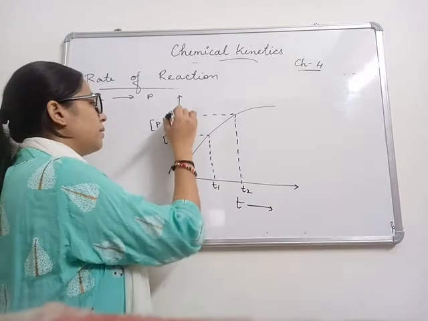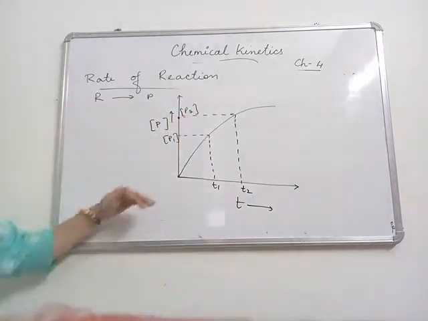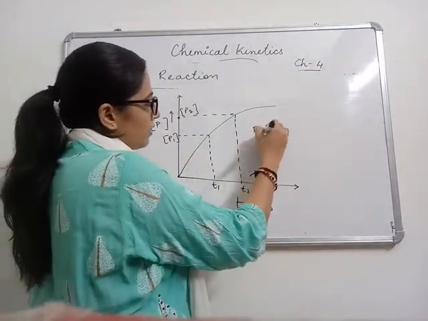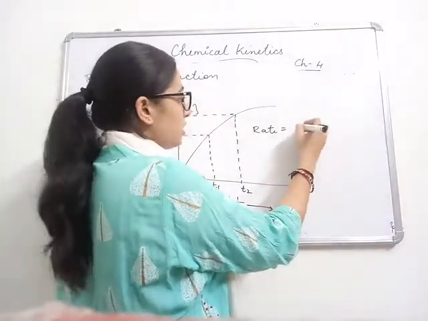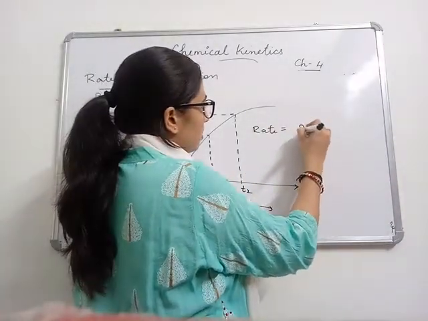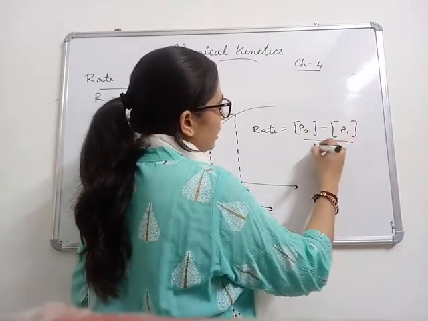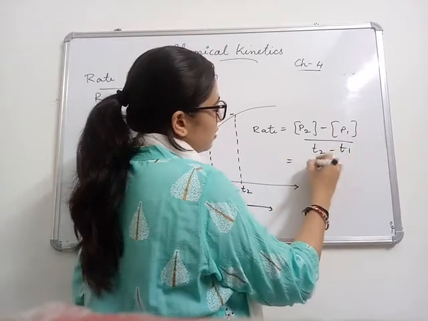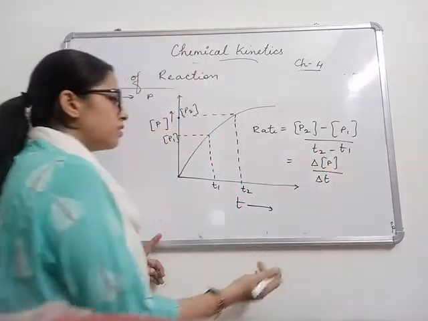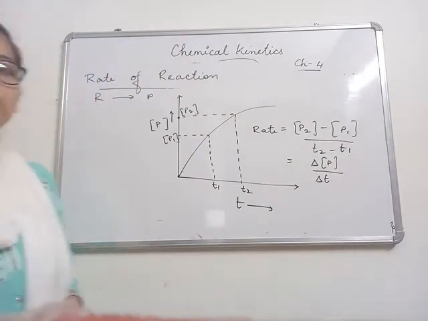Concentration is P1 at time T1 and P2 at time T2. So it's very clear the amount of product increases as the time progresses. So how will you write rate? Rate is change in the concentration of product. So it is P2 final minus initial upon T2 minus T1. This is delta P upon delta T. And here the product concentration is increased, so no need to put a negative sign. So this is the rate of a reaction.